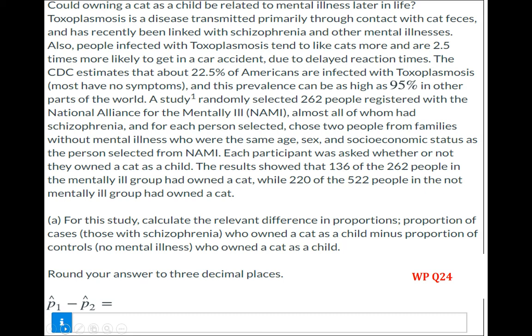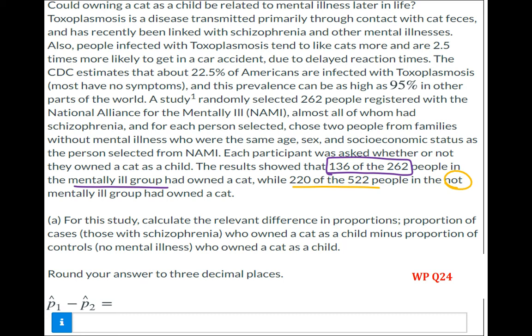The results showed that 136 of 262, okay, well, there's a data point right there. 136 out of 262 people in the mentally ill group had owned a cat, while 220 of the people in the not mentally ill group had owned a cat. For this study, calculate the relevant difference in proportions of cases for those with schizophrenia who owned a cat minus the proportion of controls who owned a cat as a child.